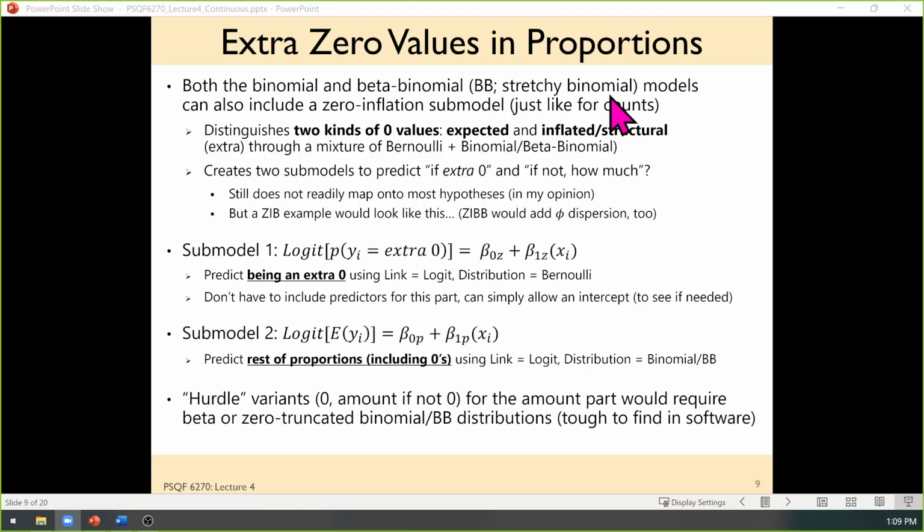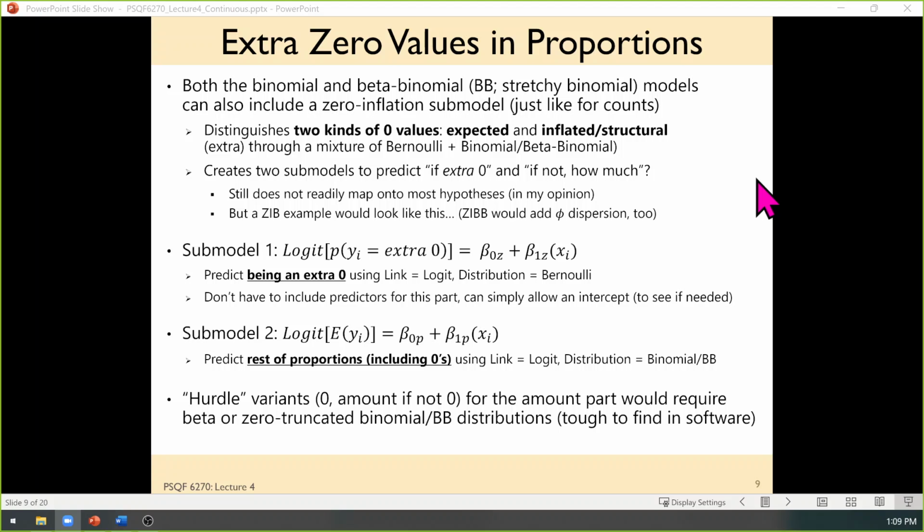So then we have the same issue with respect to extra zeros. If you have zeros beyond what is captured by the binomial or the beta binomial, then you have 2 choices for what to do about it.